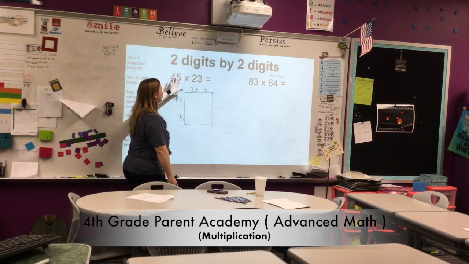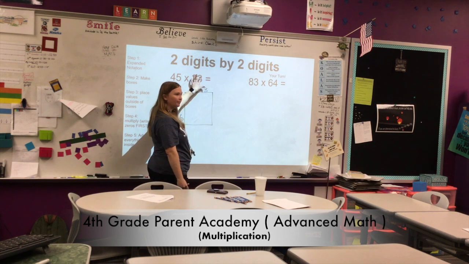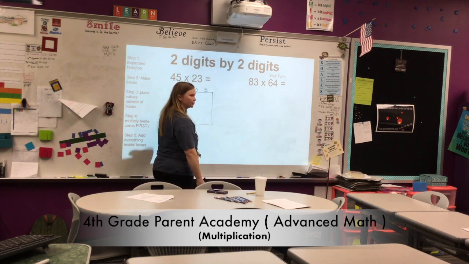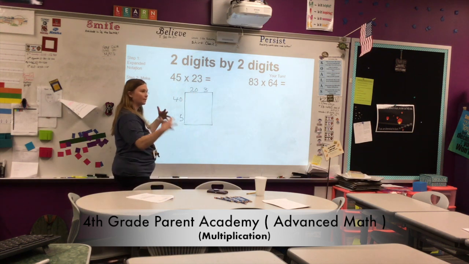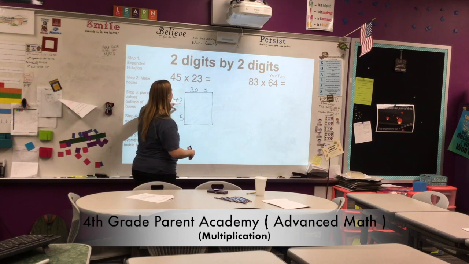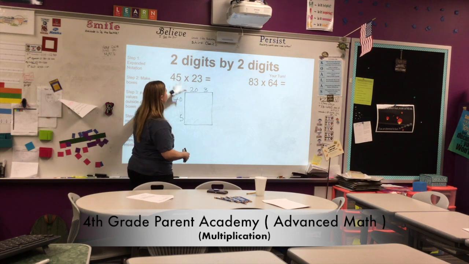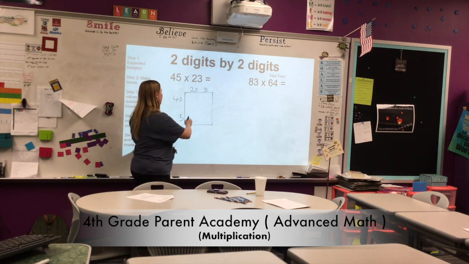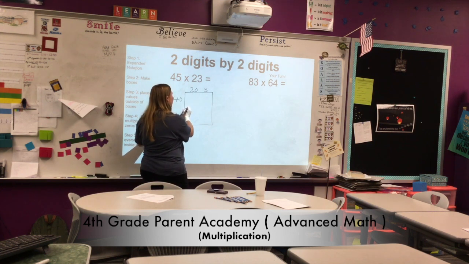This team will play every player on this team, but you wouldn't battle your own teammate, right? So you have to be on the same side as your teammate because you don't want to battle them. So I tell them, go back, look, 45, 45, 23, 23. I'm good, okay?